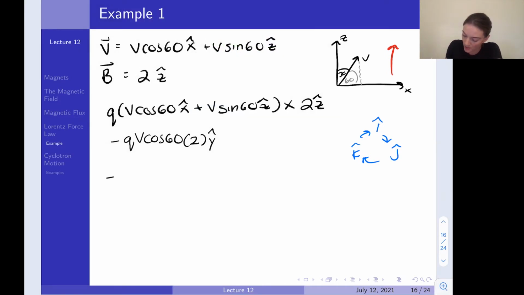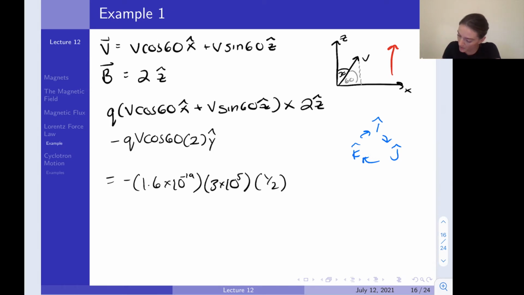So then we just end up with negative 1.6 times 10 to the negative 19. The velocity was 3 times 10 to the 5th. And then we had cosine 60, which is also 1/2. And then we had times 2. So you can see the 1/2 and the 2 cancel out. You're left with, again, just this number times this number.